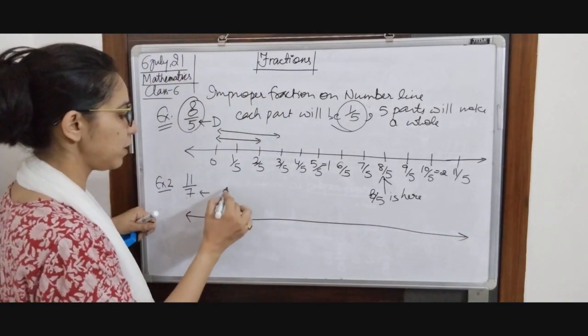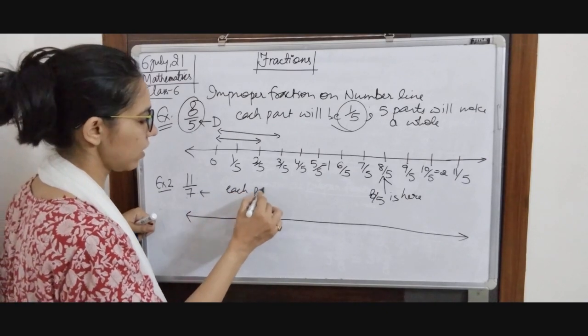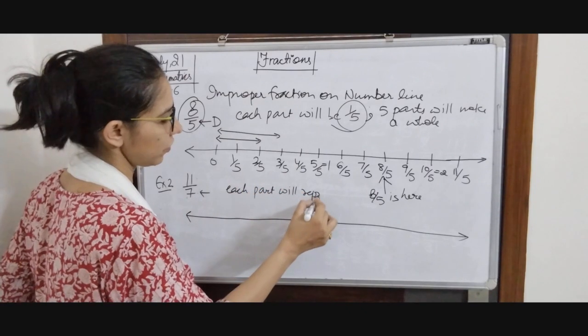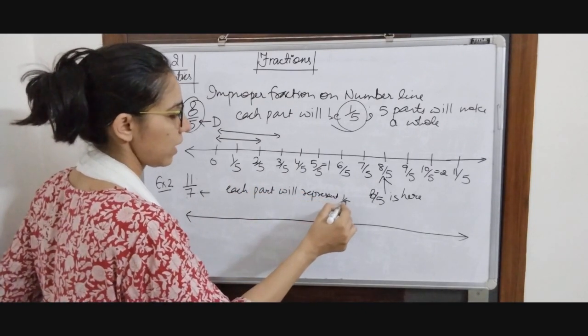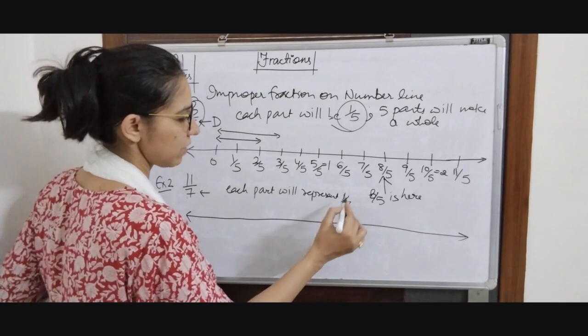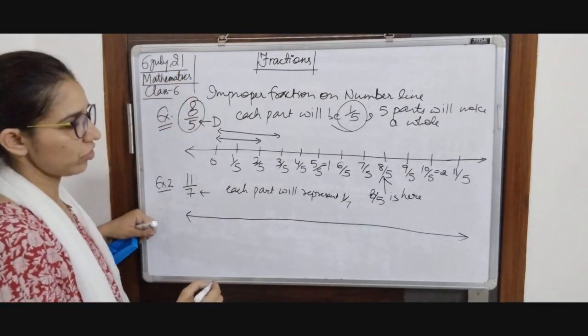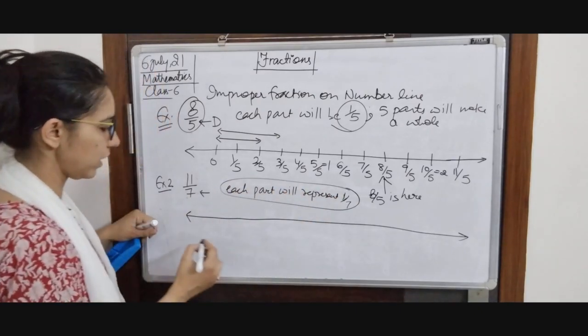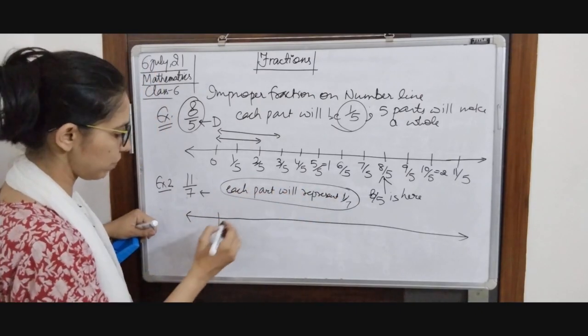Denominator is 7. It means each part will represent 1 by 7, and 7 parts will make a whole.